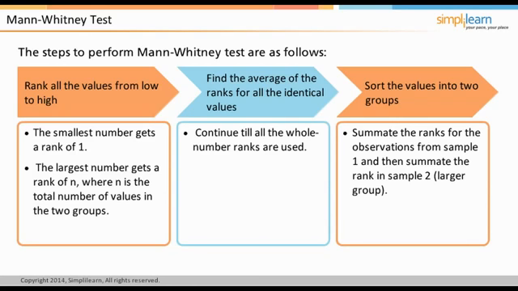Then, find the average of the ranks for all the identical values and assign that rank to all these values. Continue this till all the whole number ranks have been used. Next, sort the values into two groups. These can now be used for the Mann-Whitney U-test. Summate the ranks for the observations from sample 1, and then summate the ranks in sample 2, larger group.